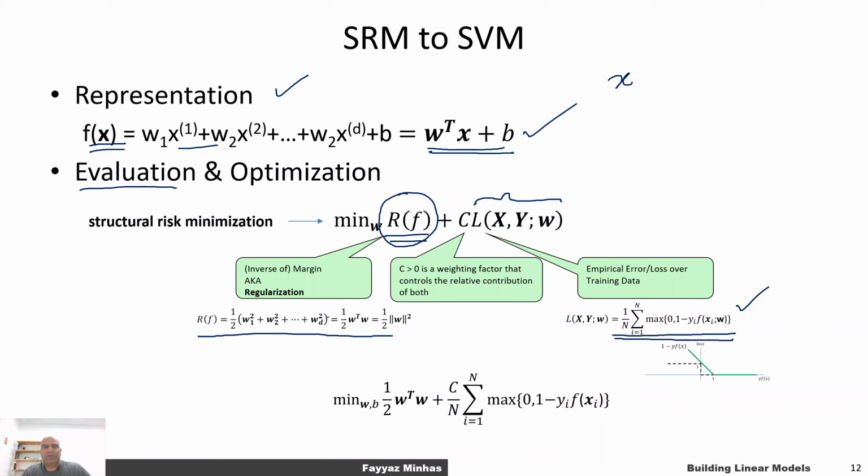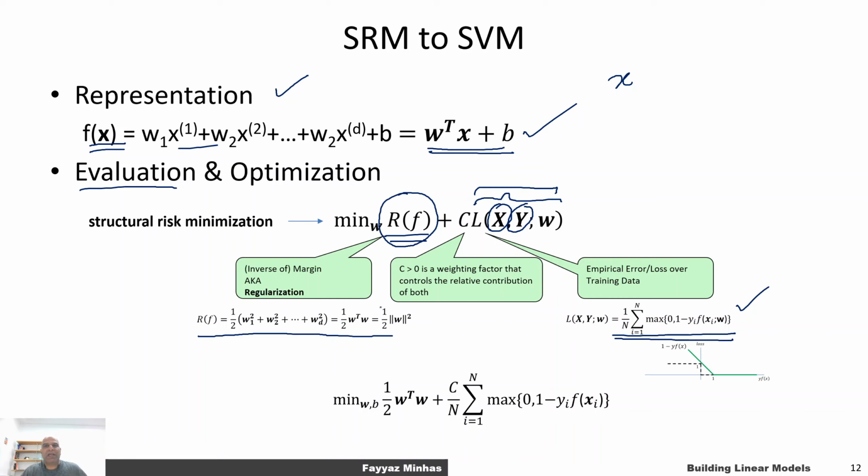The important thing to notice here is that this error part on the right hand side is based on the training data. It's based on X and it's based on Y, which is the input features and the labels. Whereas this regularization part is based only on the structural components of your classifier. In this case, it's based only on the weight parameters of your linear discriminant.